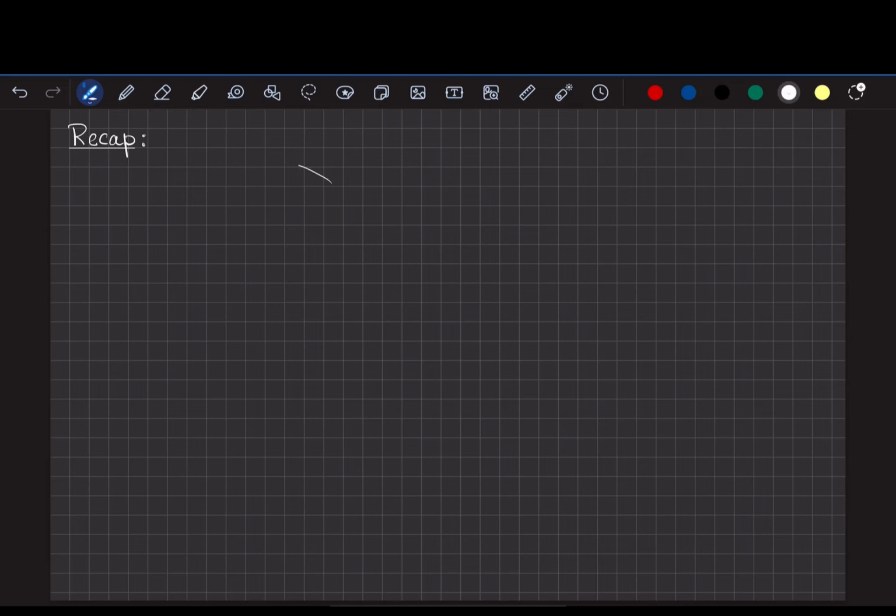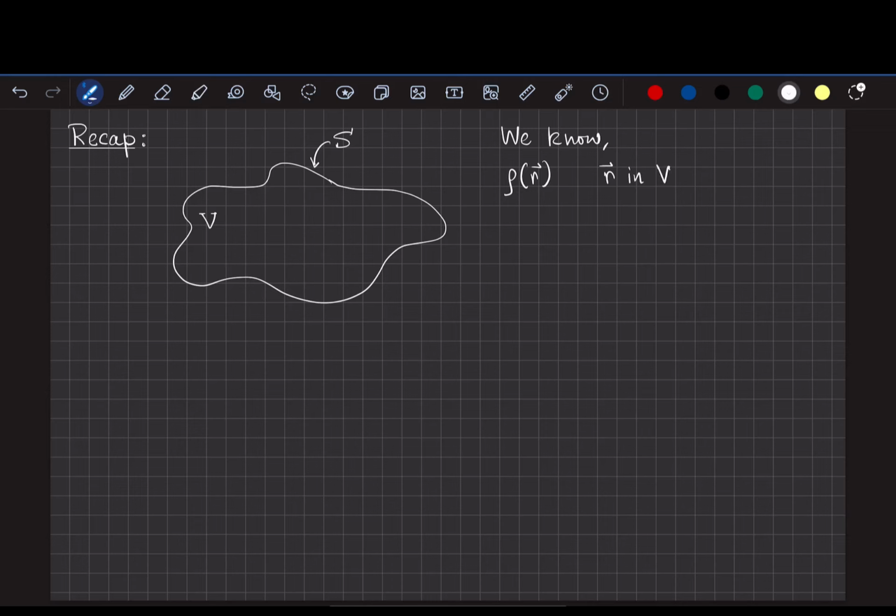So we had this general problem where we have a volume V in space, and the volume is enclosed by a surface S. We know the charge density inside this volume, and we know the potential on the surface, which is basically our Dirichlet boundary condition.